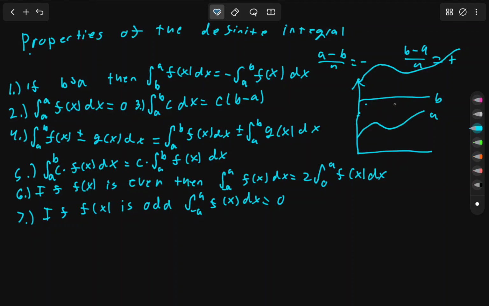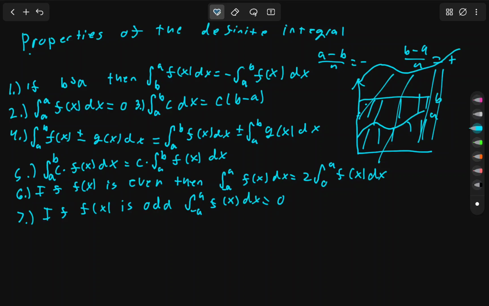Well, the area of these two curves added together is going to be the same area under here. I hope this diagram kind of helps explain it.